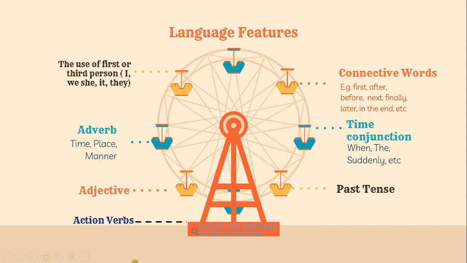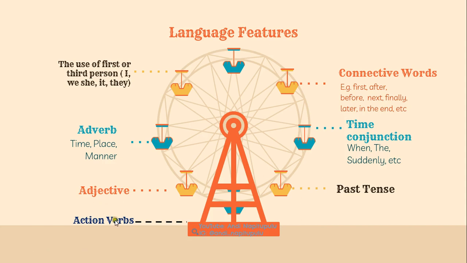Okay, and then in here, conjunction. We have learned about conjunction. It is about time conjunction in here. You can use when, then, suddenly, and so on. And you can use adjectives, because you know that in the narrative text there is a character. You have to use adjectives to describe someone in your story.